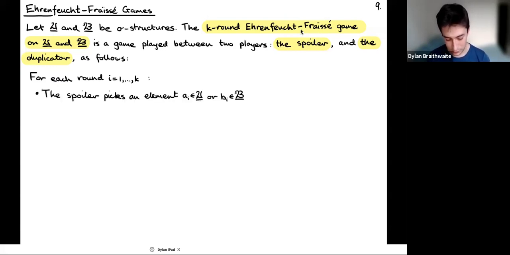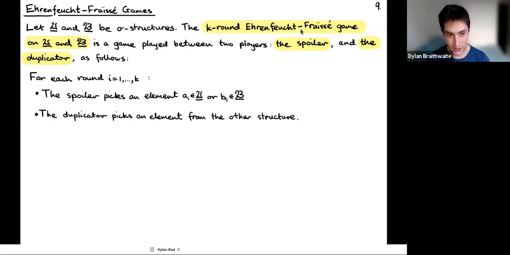As I said, it takes place over k rounds, and each round starts with the spoiler picking an element of one of the structures, and the duplicator has to follow that up by picking an element from the other structure.